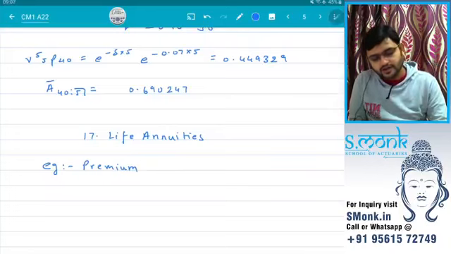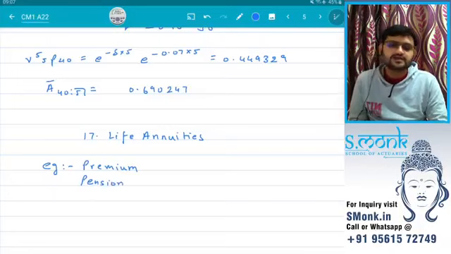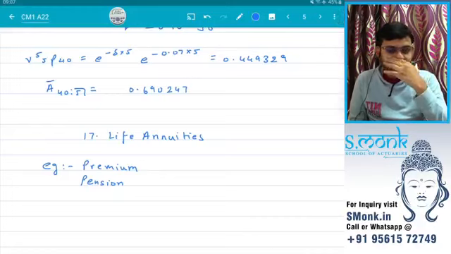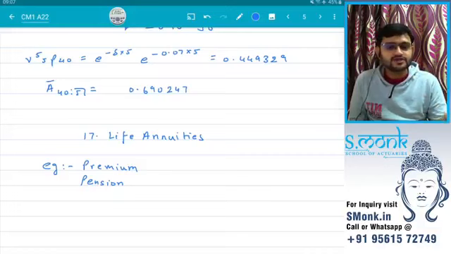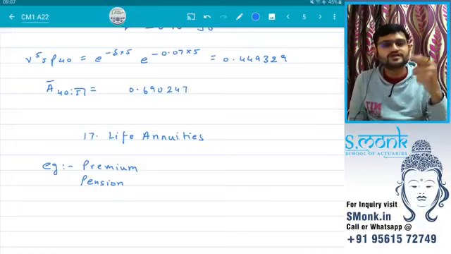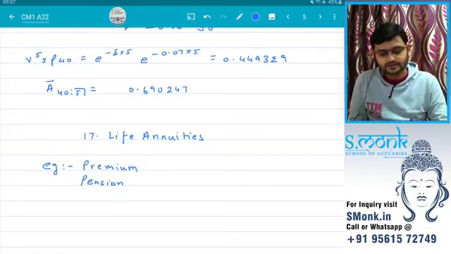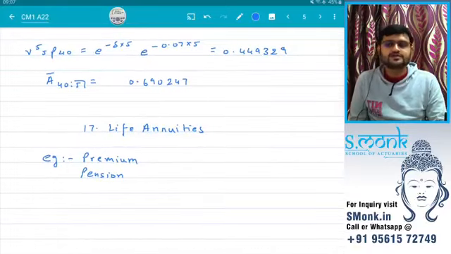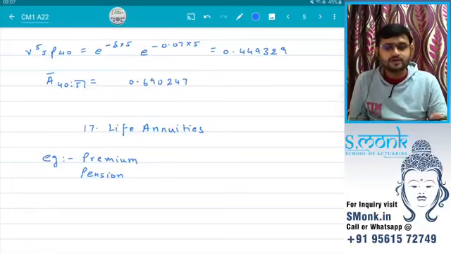The other example would be pension. A person after a certain age, let's say age 60, starts getting a certain amount every single month till death. In both of these cases, the uncertainty is that we don't know how many values we will get or have to pay. So these are all annuities till a certain point, that is till death.